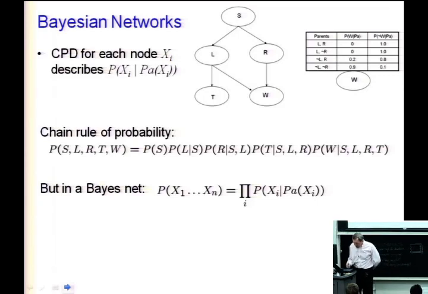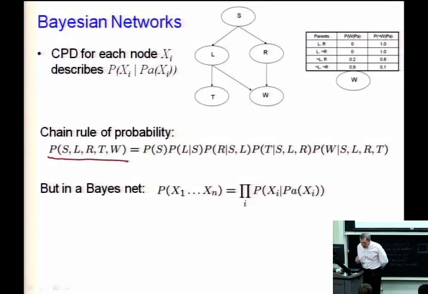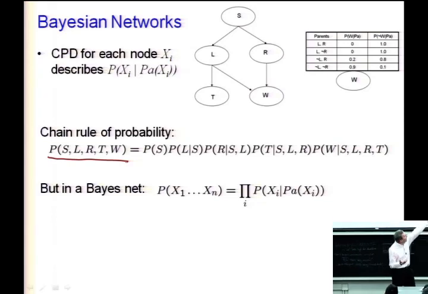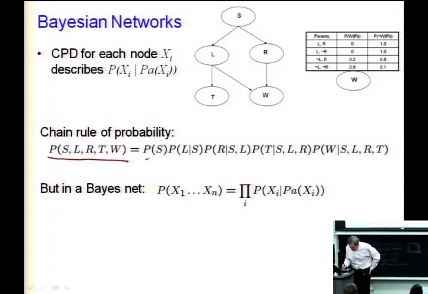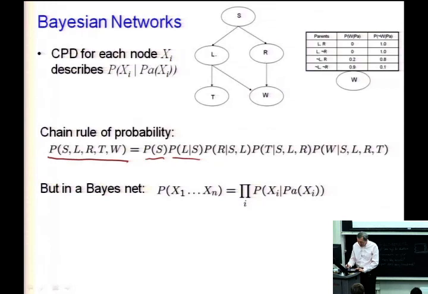The chain rule is just a general fact about probabilities that says if we have a joint distribution over a collection of random variables, then we can always write that as the product where we peel off one variable at a time. So this would peel off the storm clouds variable, and then conditioned on that, we'll take the next variable L. Conditioned on those two, we could take the next one, R.